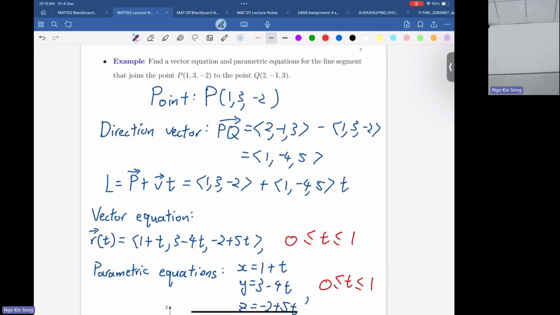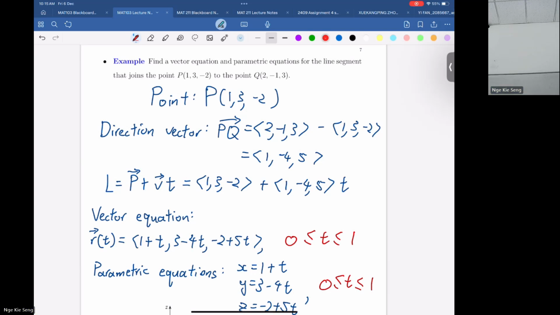What's the difference between vector equation and parametric equation? It's exactly the same, but in the parametric equation I just list every variable out. In the vector equation I write them in vector form. L is the vector that has x, y, z. So the parametric equation just splits all the x, y, z out. That's all.